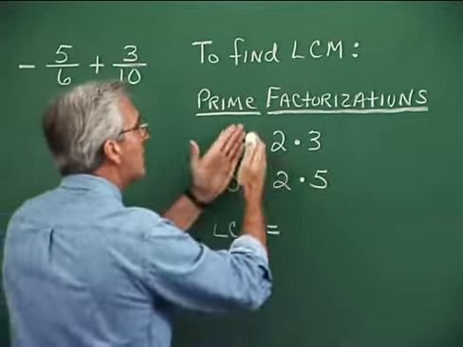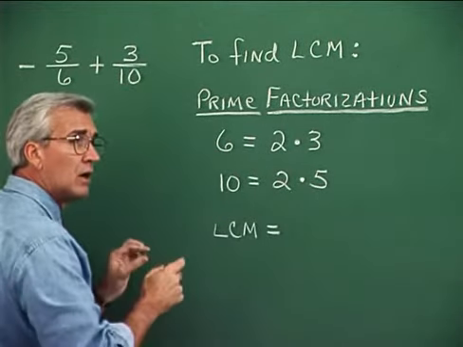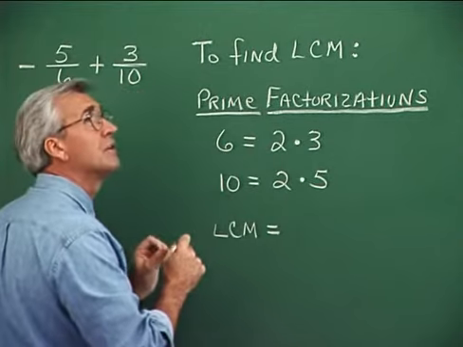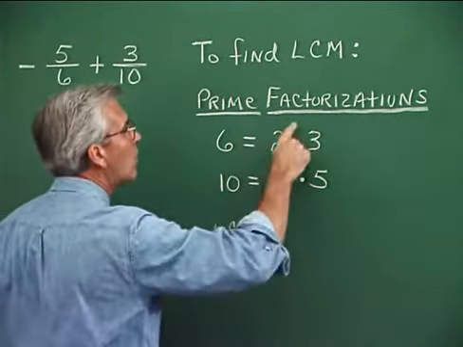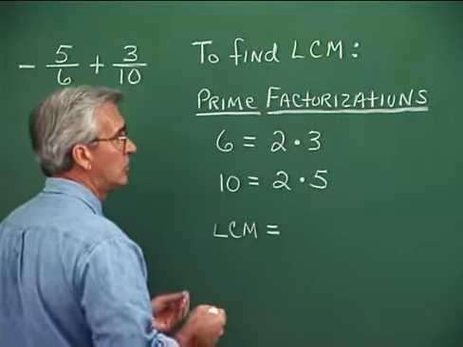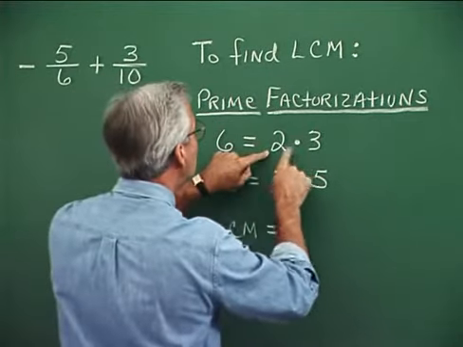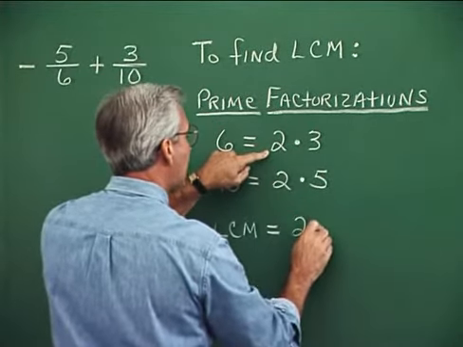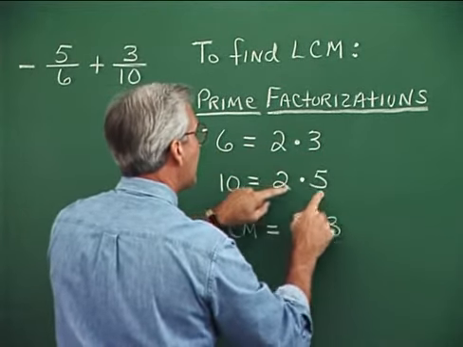Now, once we have the prime factorization forms of our 2 denominators, we can find our least common multiple by using every one of the factors that we see up here. So the least common multiple contains every different factor that we see. We see a 2 factor, we see a 3 factor, we see a 5 factor.